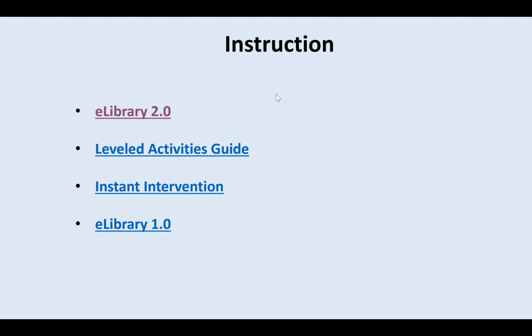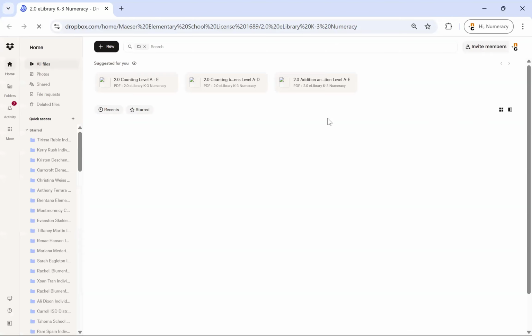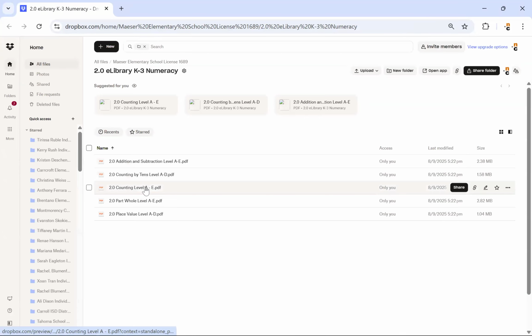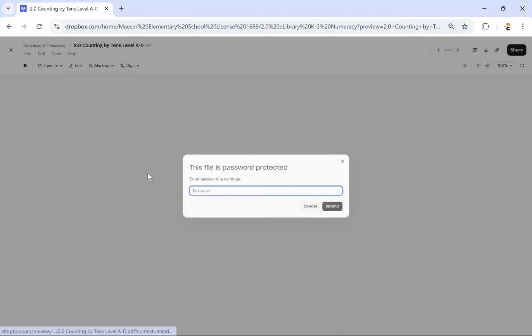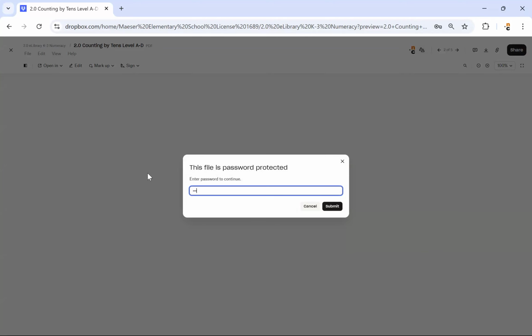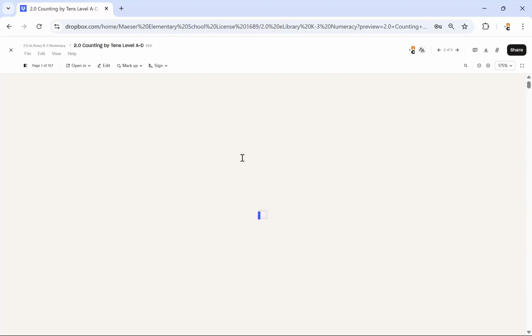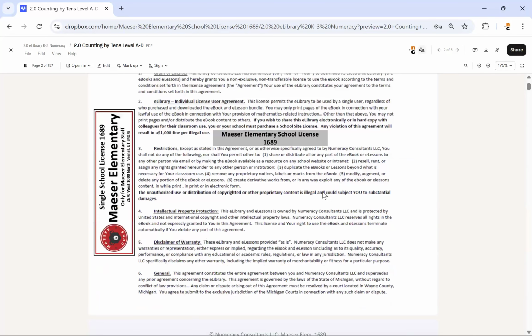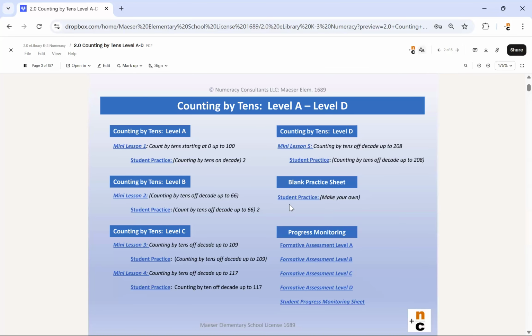No matter what skill you're working on, the first place you always want to start is the eLibrary 2.0. Let me put the password in. It's a very thorough resource, and I'll show you what it's designed to do. Once you give the assessment, you'll notice there are levels.